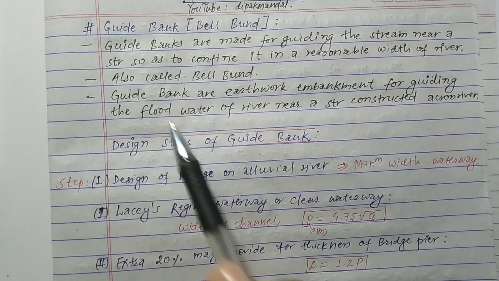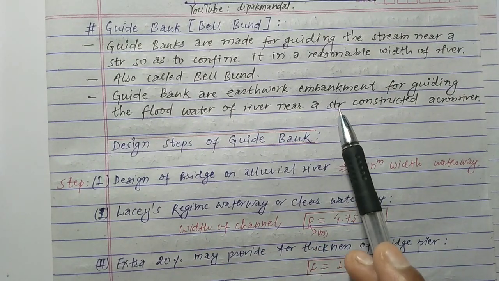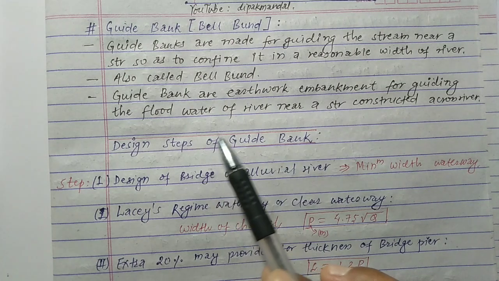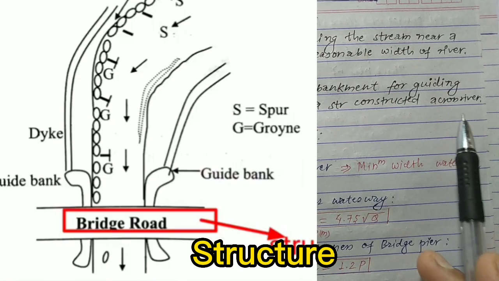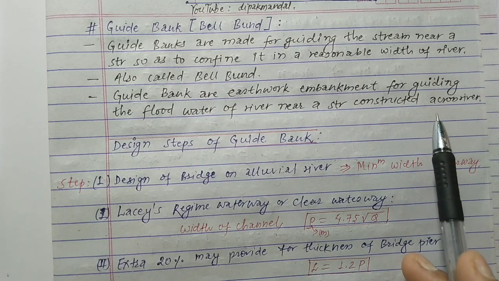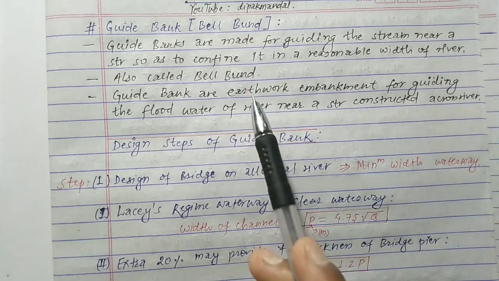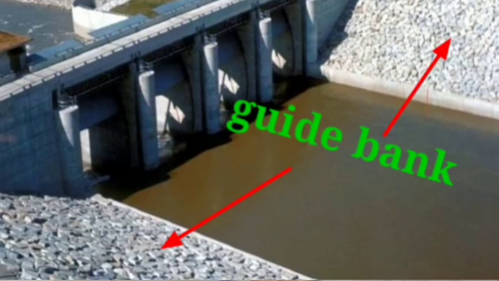The guide banks are also embankment works for guiding the flood water of a river near a structure constructed across the river. And you can see the 3D figure of guide bank.